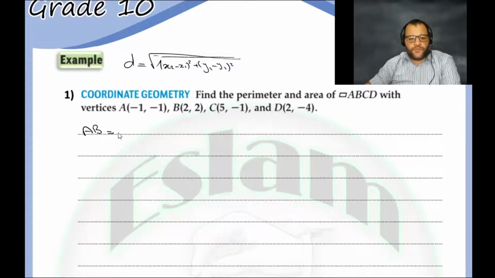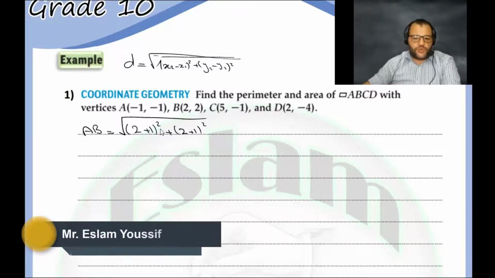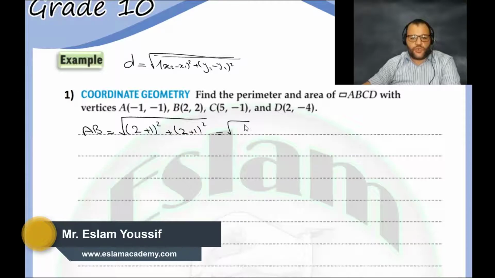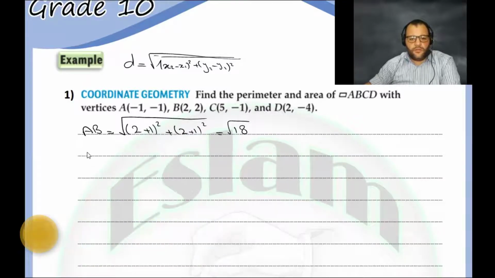So AB equals the square root of (2 minus -1, which is 3) to the power 2 plus (2 minus -1, which is 3) to the power 2, so it will be 9 plus 9, the square root of 18. You understand now or not? Yes.